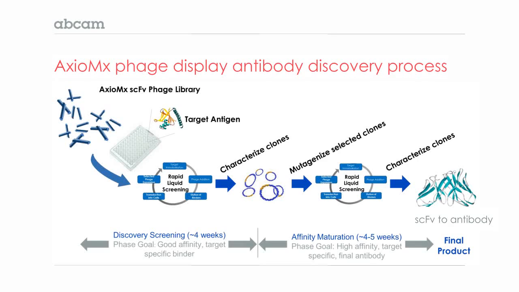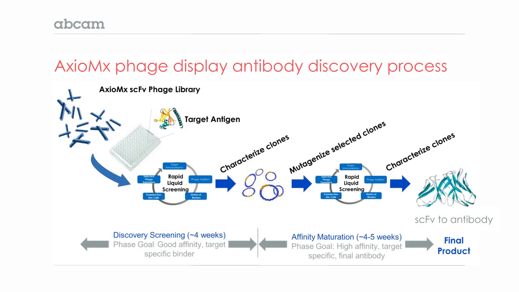So the Axiomx platform is divided into two main phases. The first phase is the discovery phase, and the second is the affinity maturation phase. In the discovery phase of the scFv development, using the diverse phage library, the goal is to identify candidate scFv clones that bind to the target with the desired specificity.